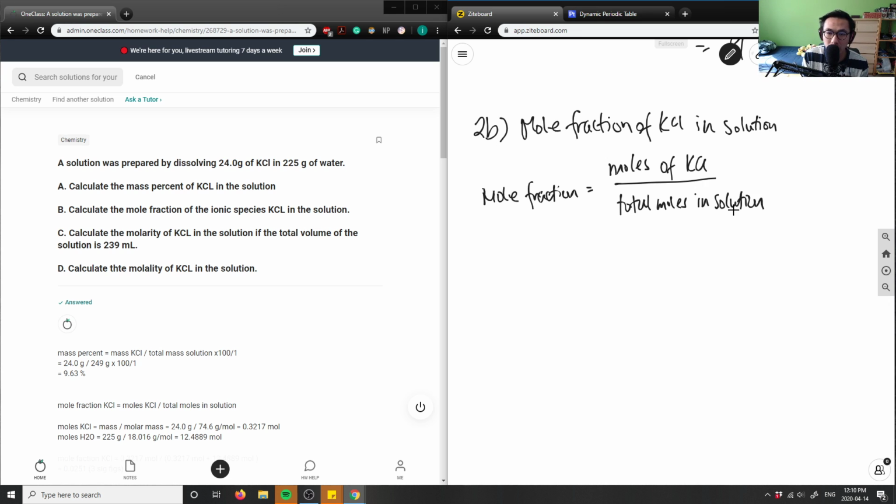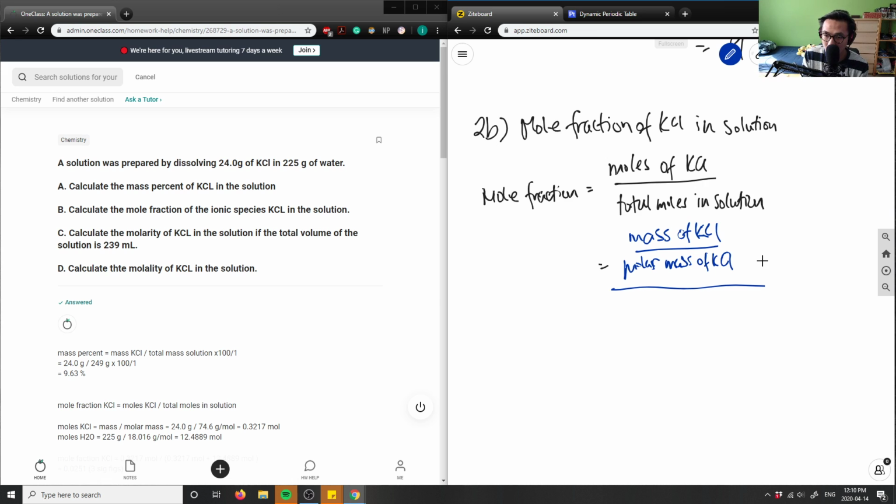And that's going to equal, so let's see, we have our moles of KCl. How do we solve for moles of KCl? Moles equals mass over molar mass, right? So this would be mass of KCl divided by molar mass of KCl, all divided by total moles of solution.